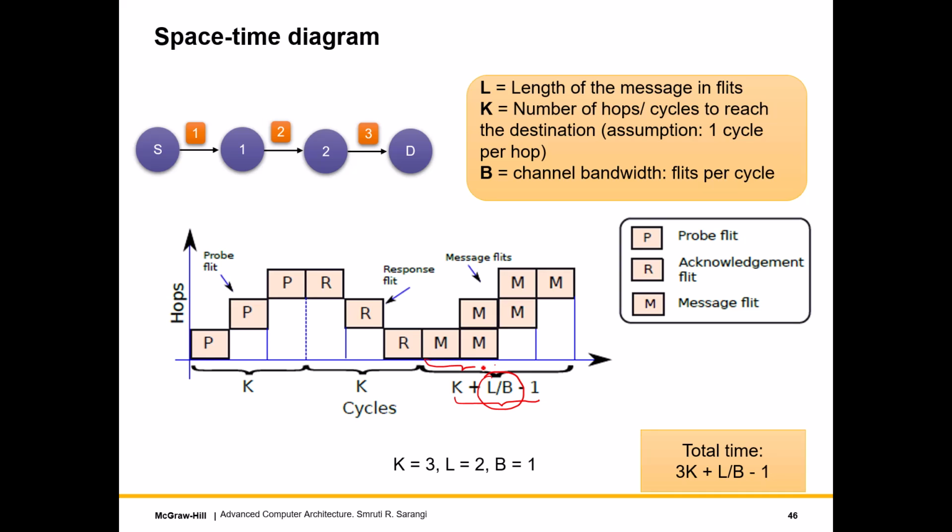So this part is L by B. After that, if I look at this part, we have 1 cycle per hop. We have 3 hops here, 1, 2, 3. So we have k cycles over here. Kindly note that 1 cycle is being double counted, which is this cycle over here. So the cumulative number of total cycles is now k plus L by B minus 1, because of the double counting.